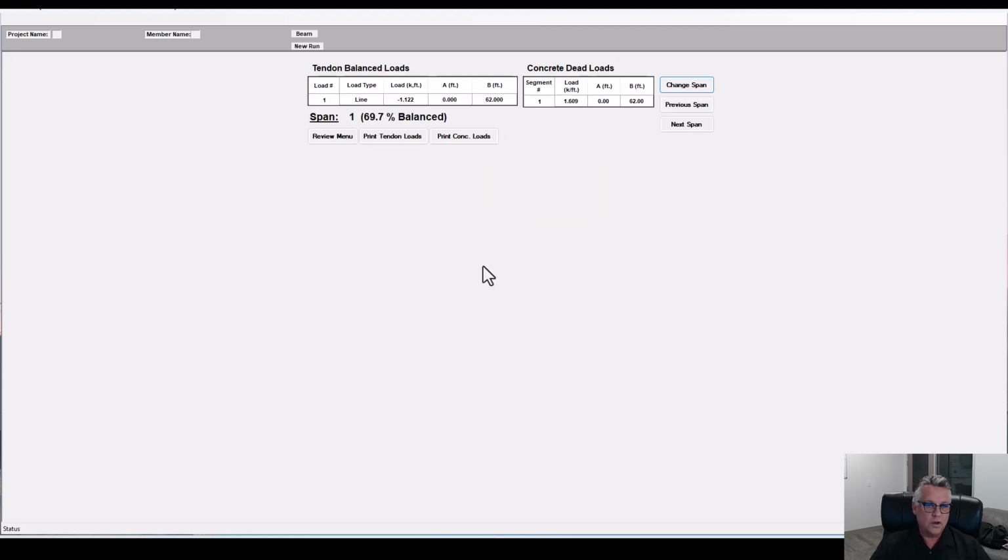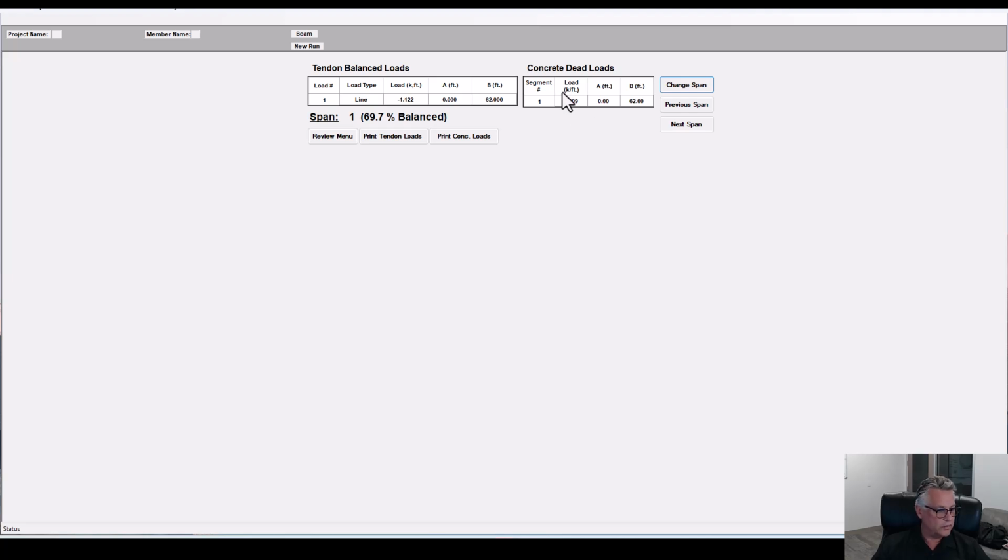When you're starting the project, the tendon equivalent loads, you can check those too. Now, I've given you the force and profile, but you are the one calculating what equivalent load that creates. So in the first span, that was 1.122, and you calculated it. You check it here. The concrete load, the program calculates for you.